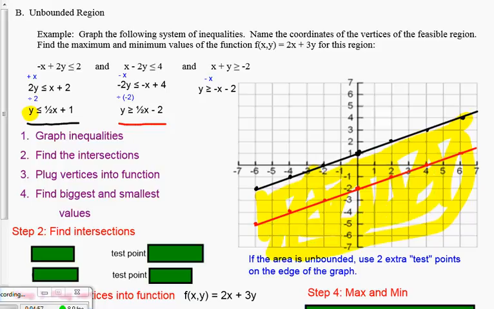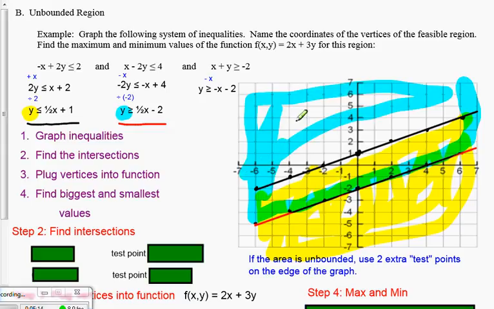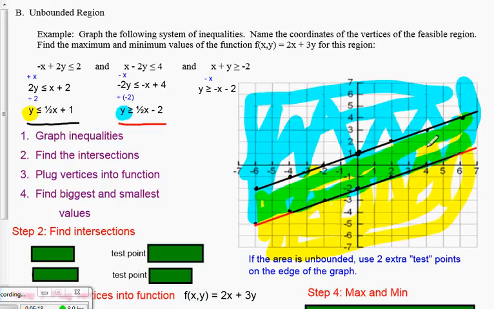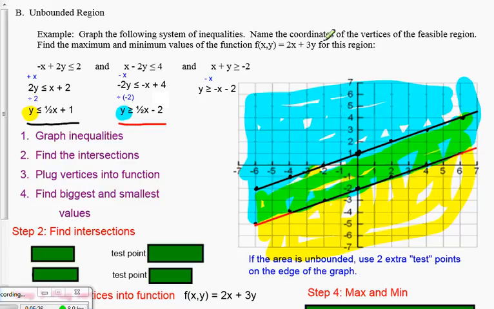I'll shade this one in this kind of blue color. Again, that's everywhere that's greater than or above this line. So it's going to be all of this stuff. So that's our two regions so far.